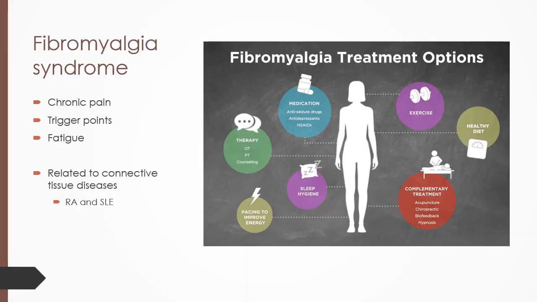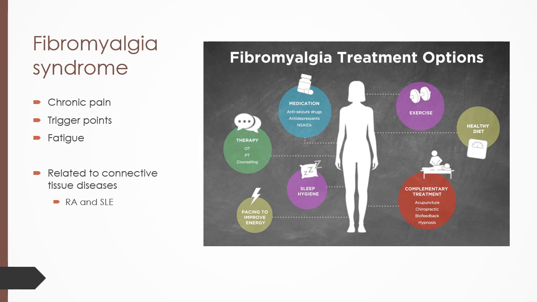Fibromyalgia syndrome is a chronic pain syndrome that is not an anti-inflammatory process, but it's often related to lupus or rheumatoid arthritis. Patients typically complain of 3 months or longer of things like persistent headaches, fatigue, and burning pain at trigger points.